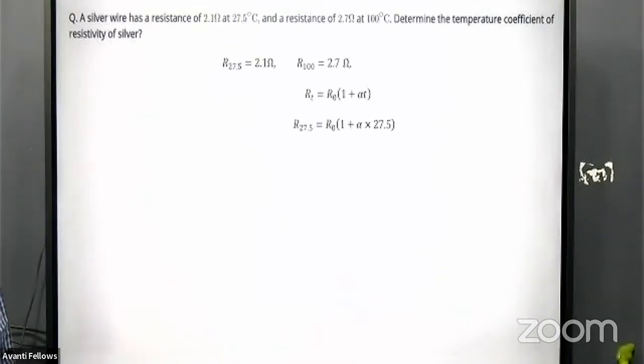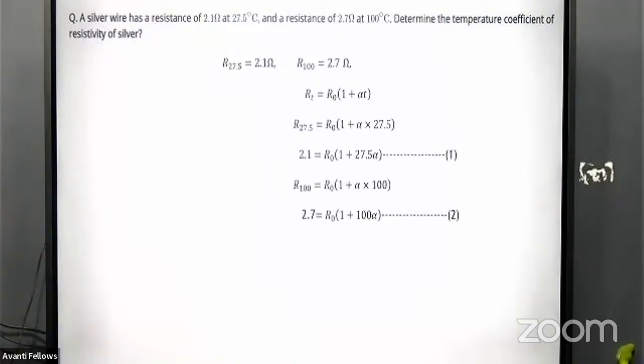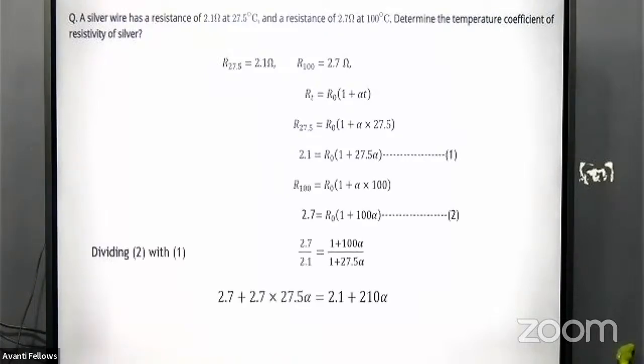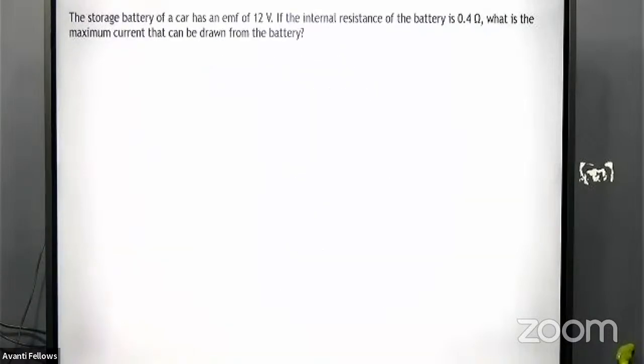Temperature coefficient of resistivity of silver. Again, same thing. The same equation: RT equals R0 into 1 plus alpha T. R0 is given, alpha you have to find out.